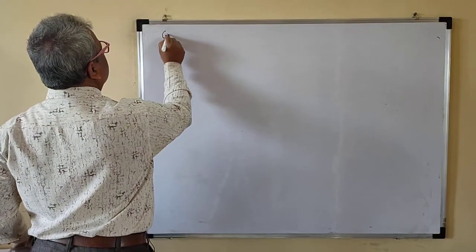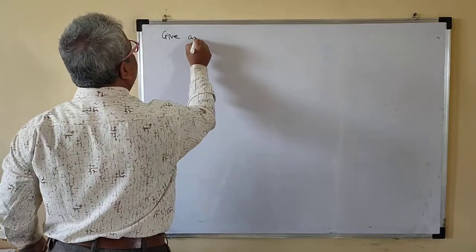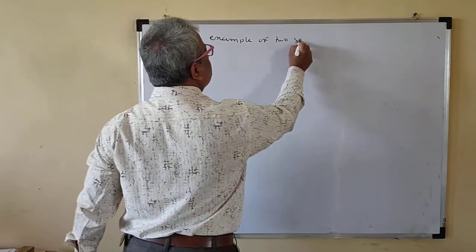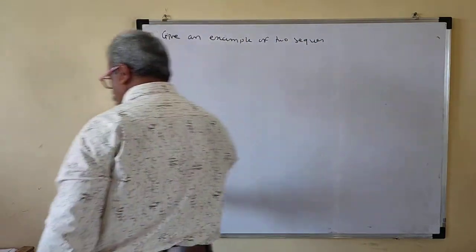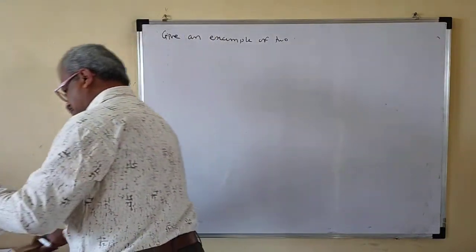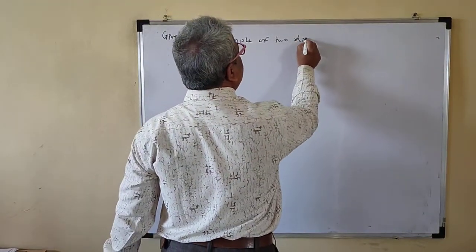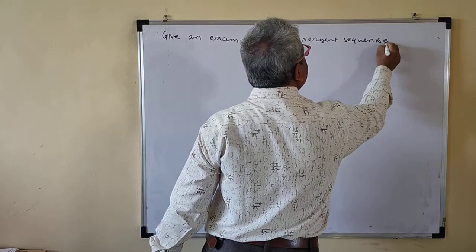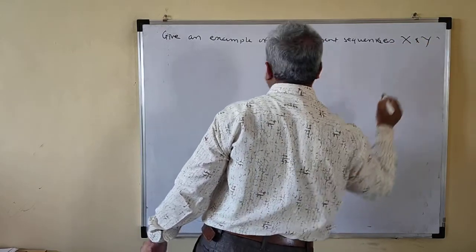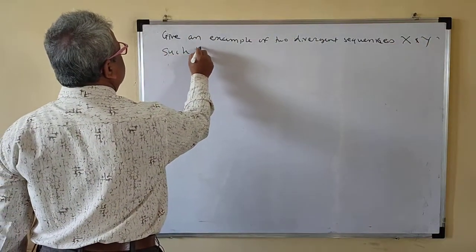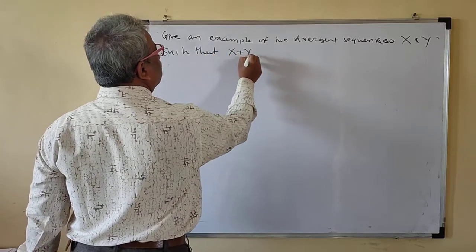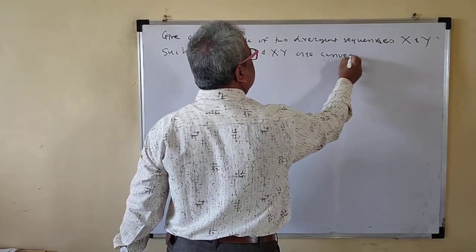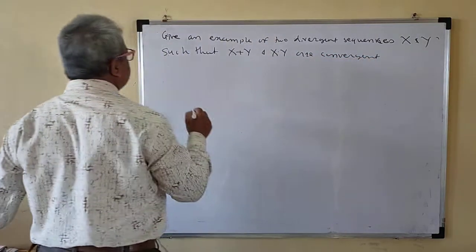Give an example of two non-convergent sequences, two divergent sequences, non-convergent meaning divergent sequences, x and y such that x plus y and x into y are convergent.